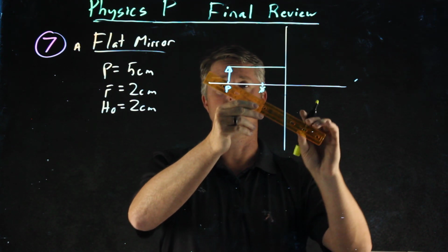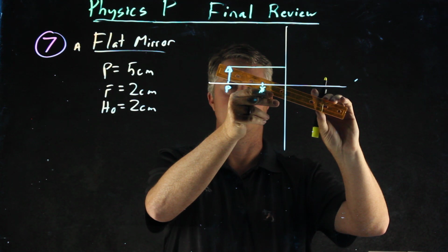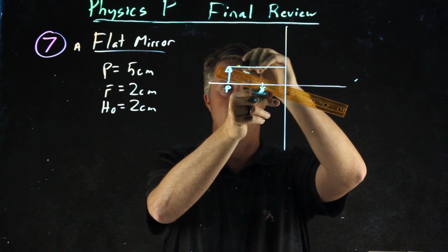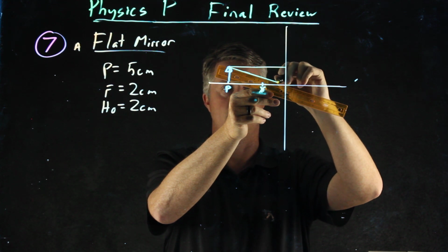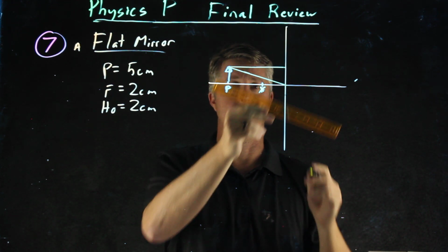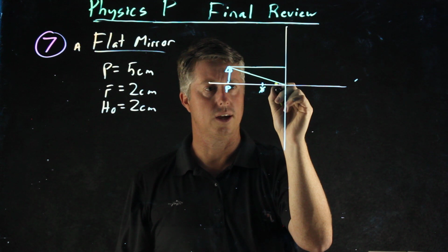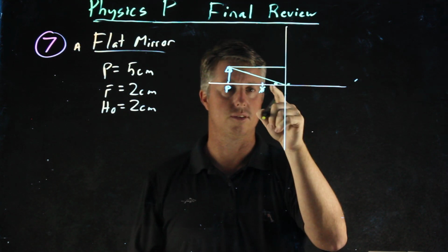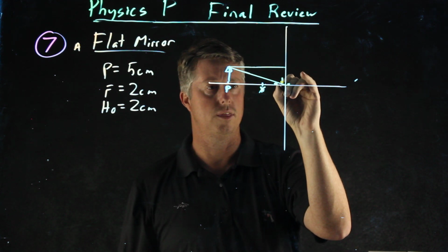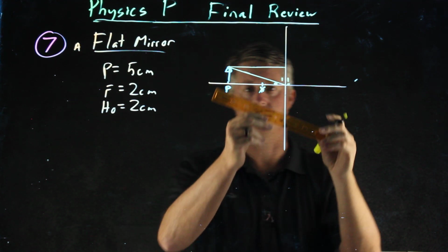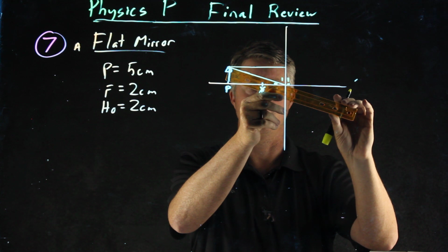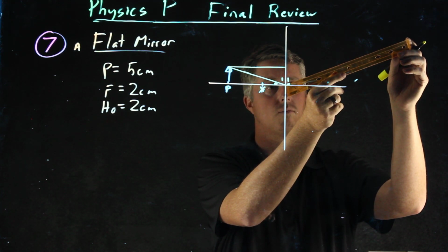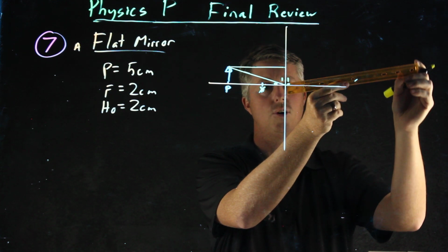Now, another one you could do for flat mirrors is you could hit here. This will give you an angle of incidence. This theta here, this angle and that angle are the same. So if I have the same length, see, you don't know where to put it.